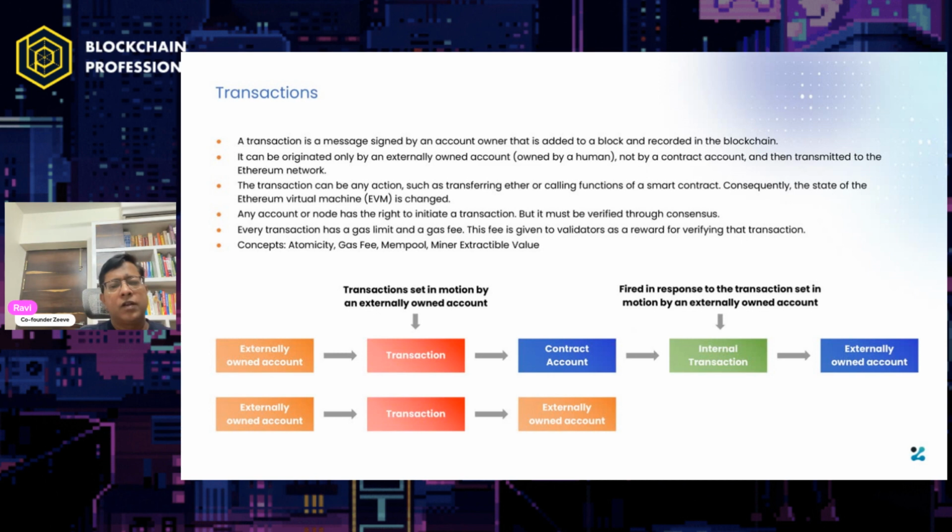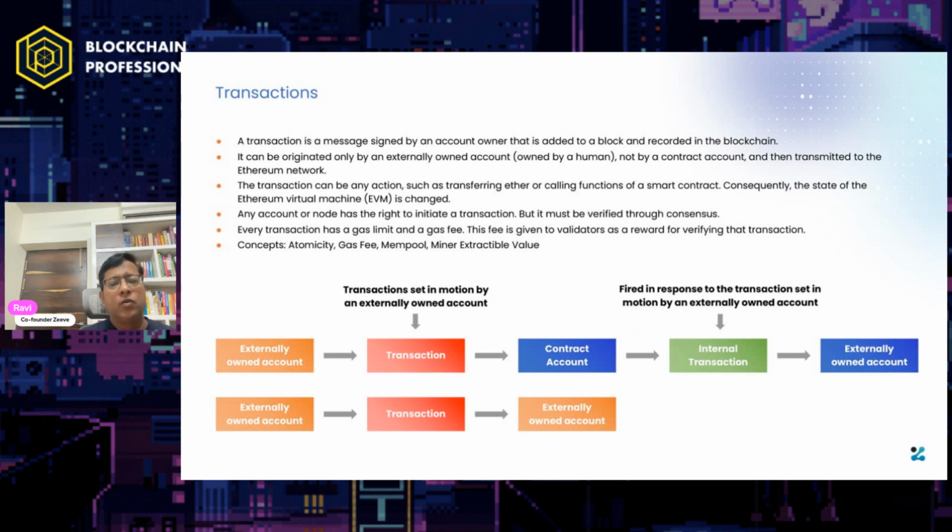Now there are a few blockchains coming in which have either abstracted the whole mempool layer, or have put in some kind of privacy where even if the mempool is there, the transactions are not visible to exploit the front running piece. And then there's another concept of miner extractable value, which is basically that validators can see all the transactions and they will want to extract maximum fee out of it.